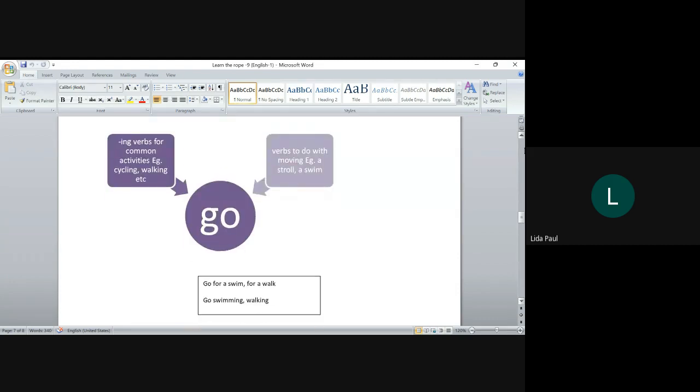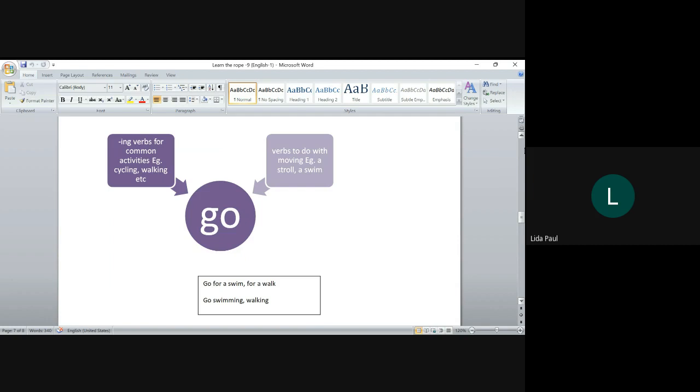The next one you have here is go. The delexicalized verb go. Go can be used with all ing verbs for common activities. So what does this basically mean? There is a name for this class of words, right? Ing words which are used as nouns. We call them gerunds. So they have the ing suffix, but they're not verbs.